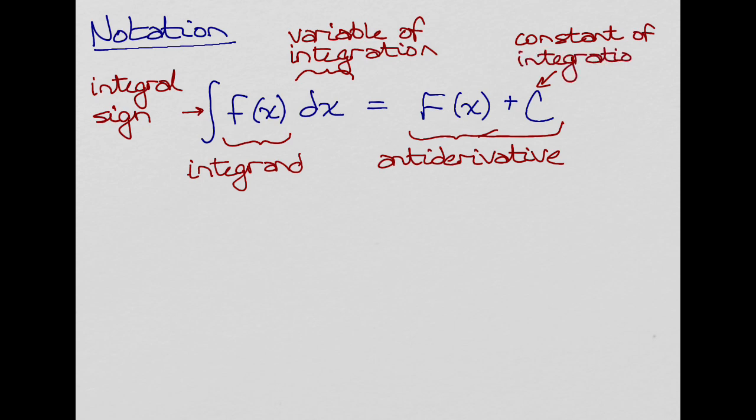So that's sort of the anatomy of the notation for this process. You might have guessed by the fact that integral and integration are in here several times that another name for finding an antiderivative is integration. So antidifferentiation, integration, same thing.